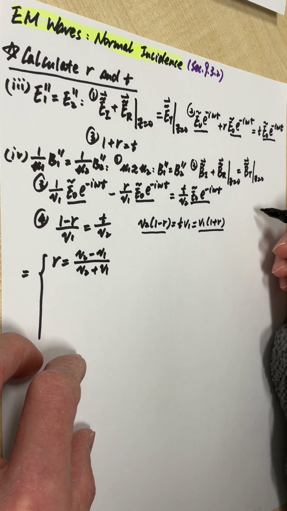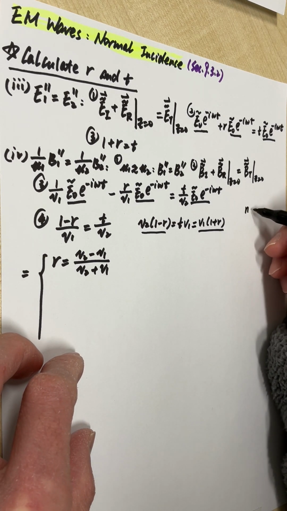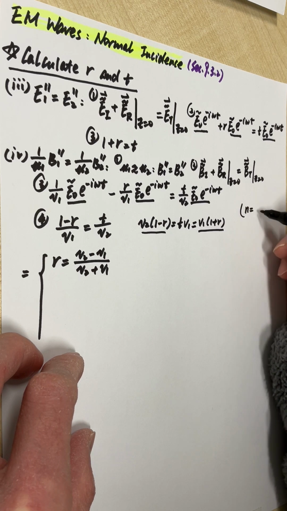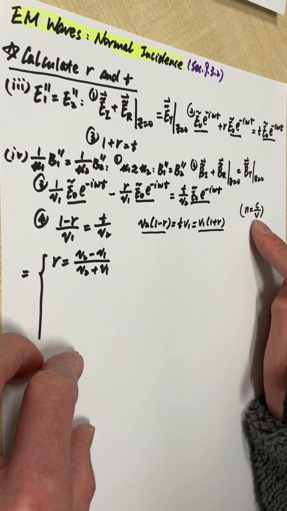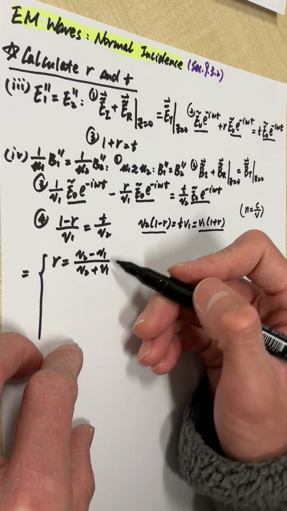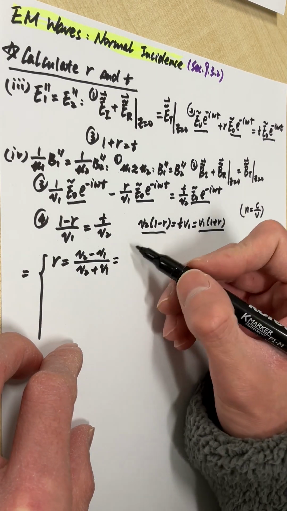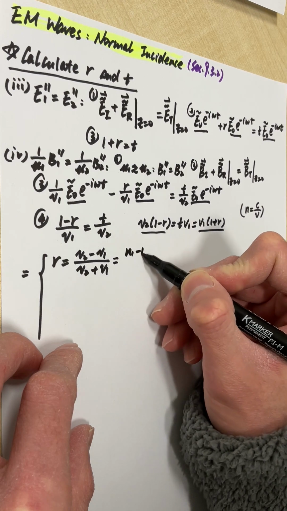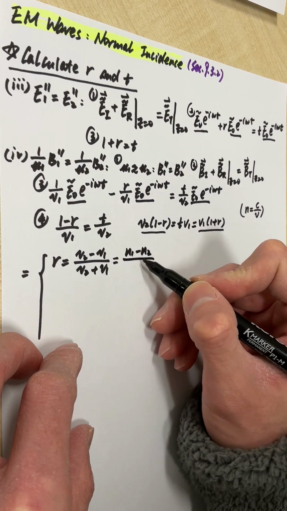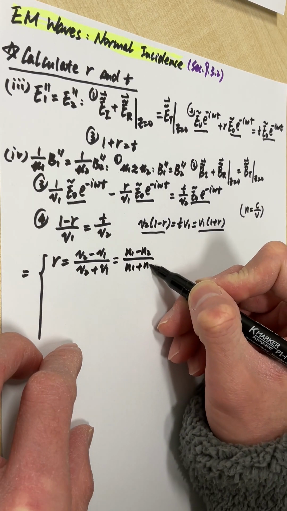By the way, we have the definition of the index of refraction, n equals c divided by v, so n is inversely proportional to v. Naturally, this can be written as (n1 minus n2) divided by (n1 plus n2).